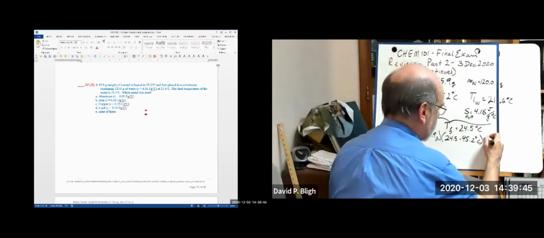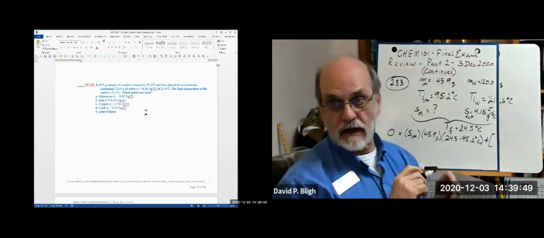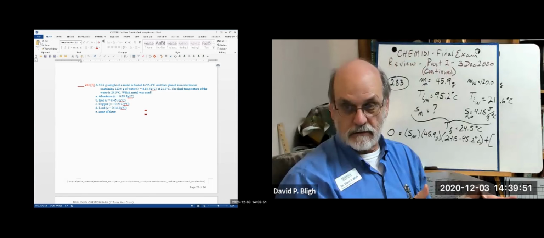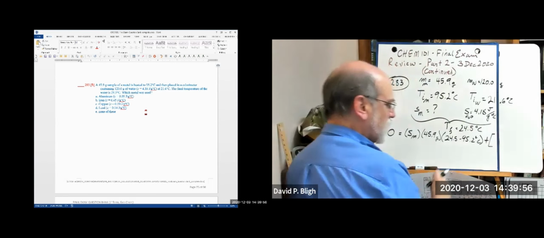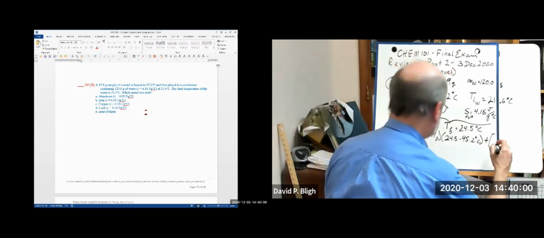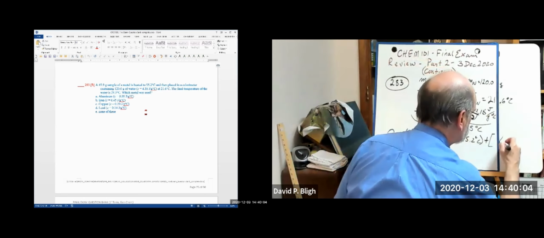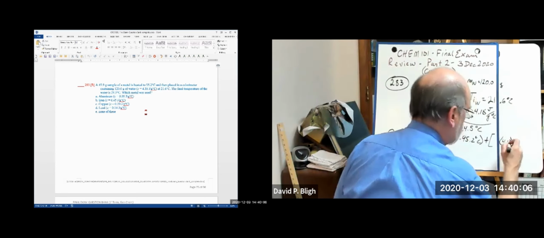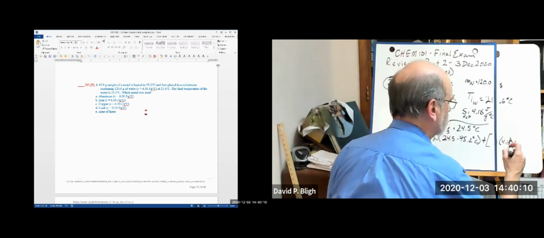Okay, and we add to that the change in heat for the water. So this is the Q for the metal, this is the Q for the water. So over here we're going to have 4.18. I'm going to leave the units out just to save room.